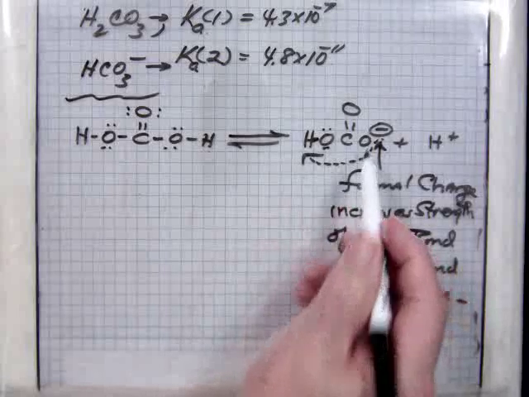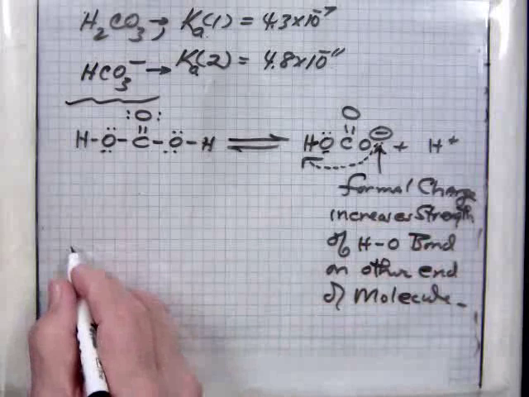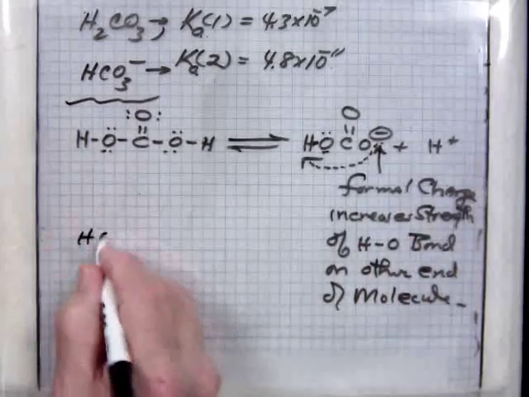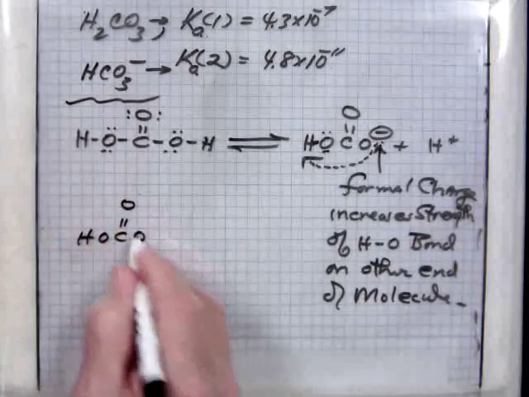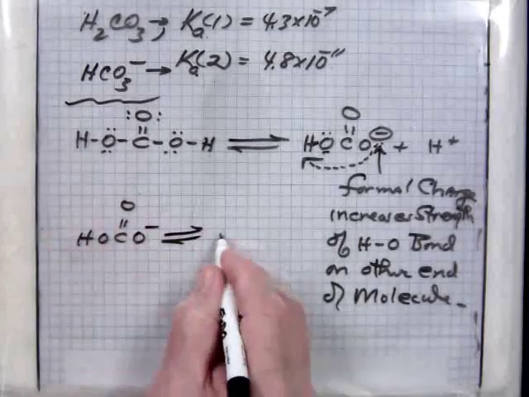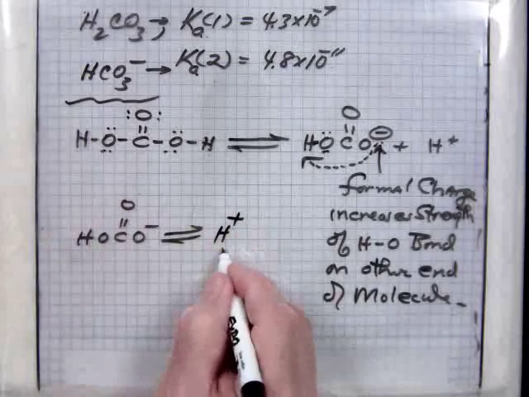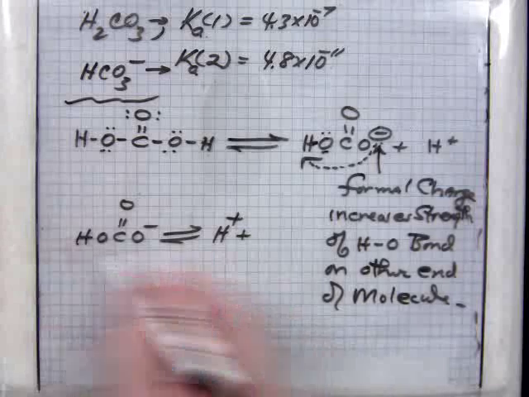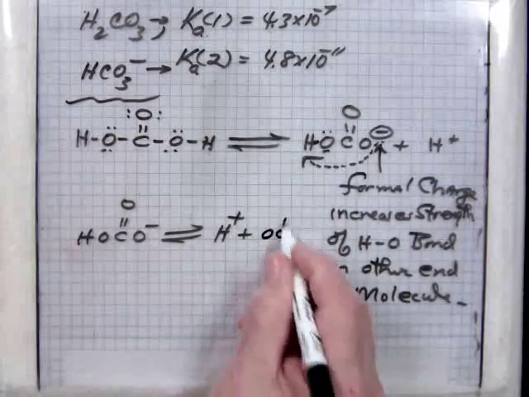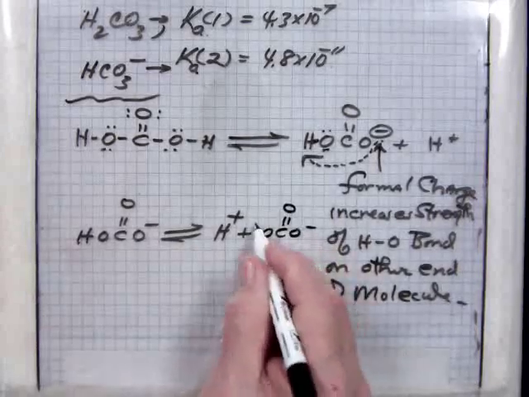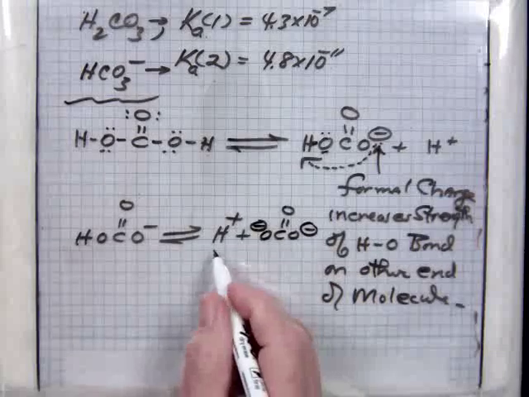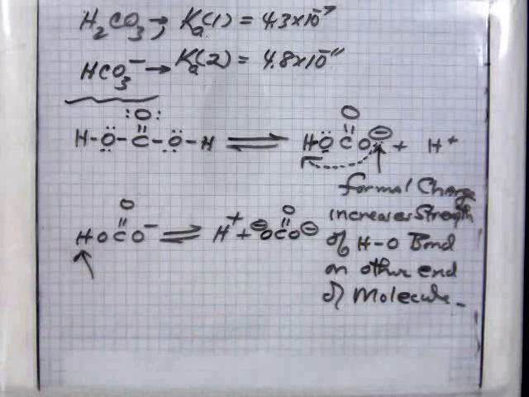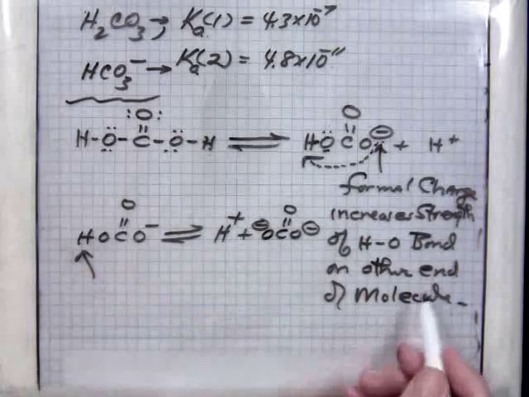So when you go to the second ionization step, I'll draw it, it will ionize to give you the hydronium ion, but this will be even smaller overall, harder to ionize. It has two negatives on that. So this is very hard to remove in the second ionization because of the strong bond.